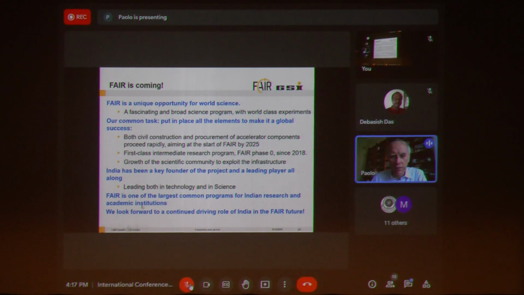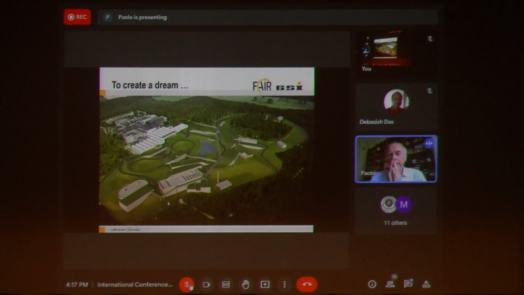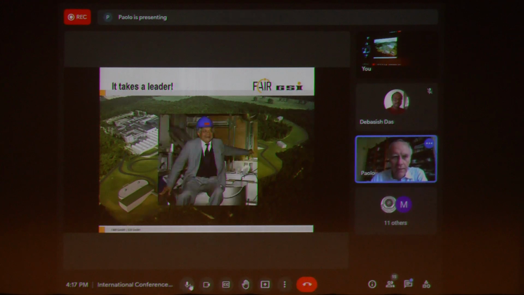And we look forward to a leading function of India in FAIR also in the future. But we have to remember that to create a dream, you need a leader. And I would like to take this opportunity to thank Vikesh for having been one of the key figures that made it so that FAIR is now becoming reality. Thank you.